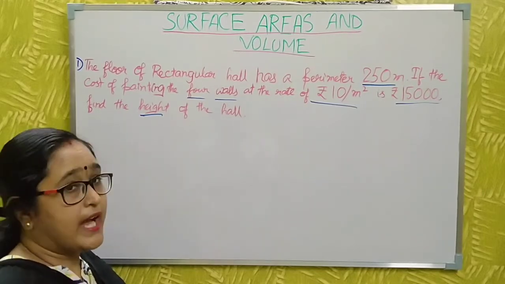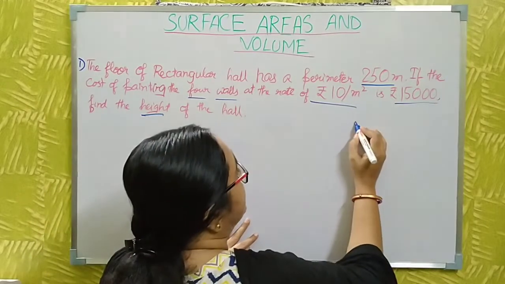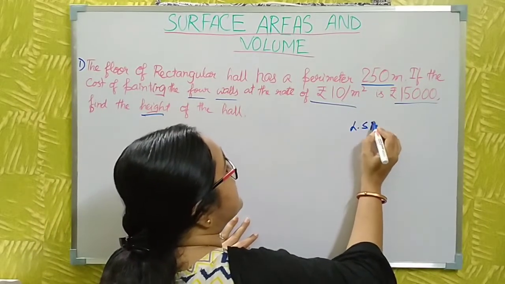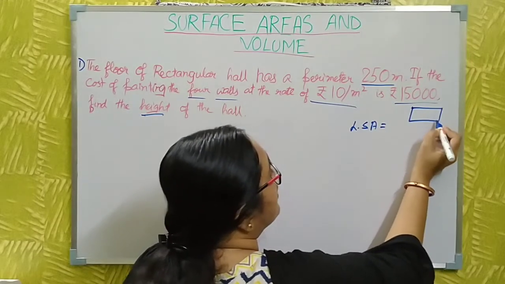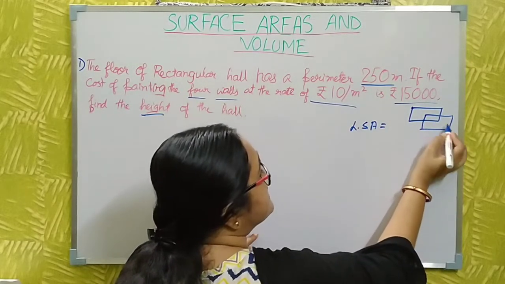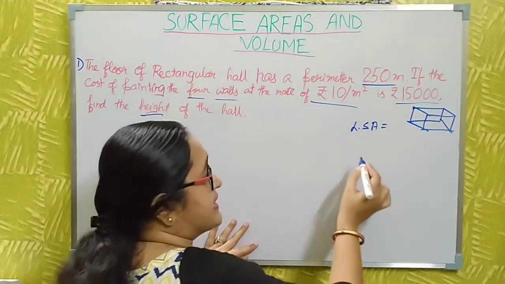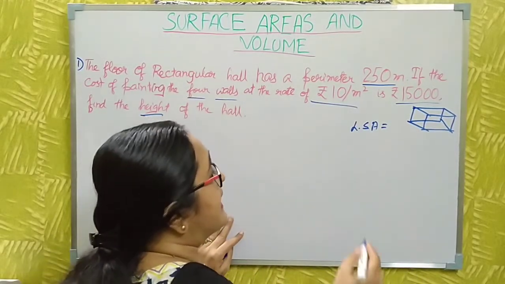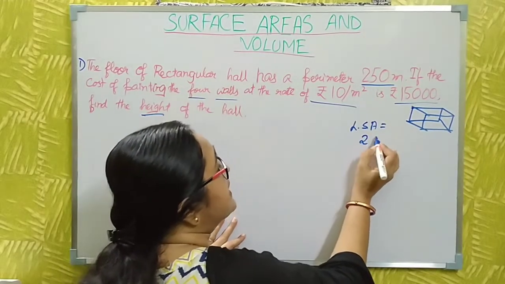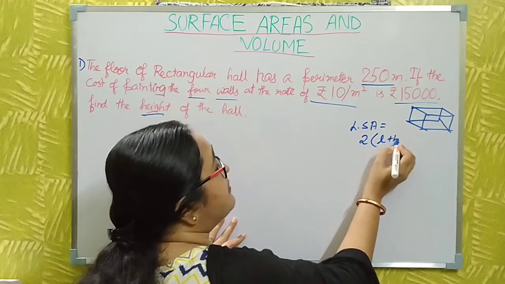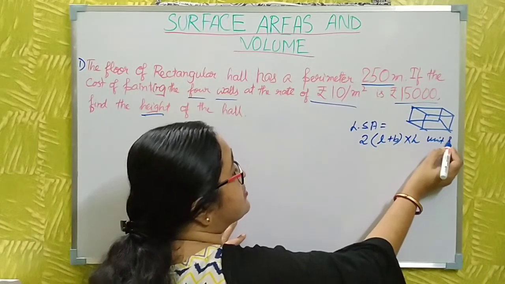Now I recall all the formulas of a cuboid. This is the figure of a cuboid. I already discussed it in my previous mensuration class. The lateral surface area of a cuboid is 2 into (L plus B) into height, unit square.